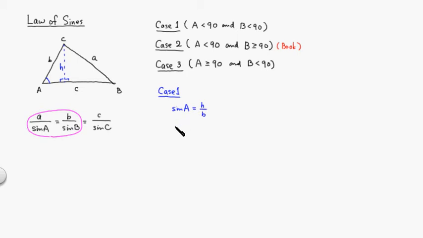Then the sine of B is opposite over hypotenuse, so H over a. Multiply both sides by b, and you get b sine A is equal to H. Multiply both sides by a, and you get a sine B is equal to H.